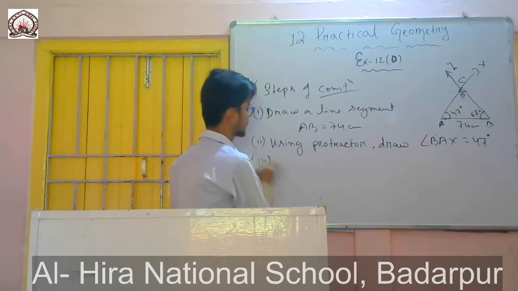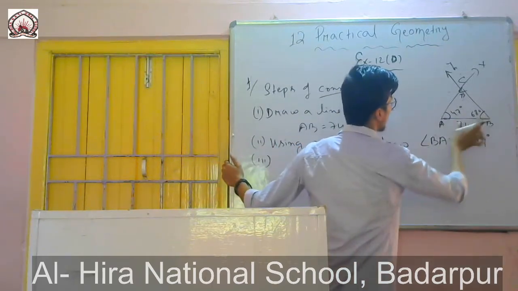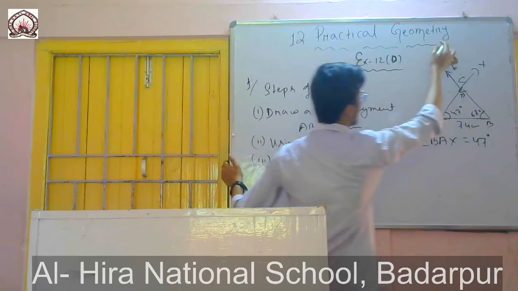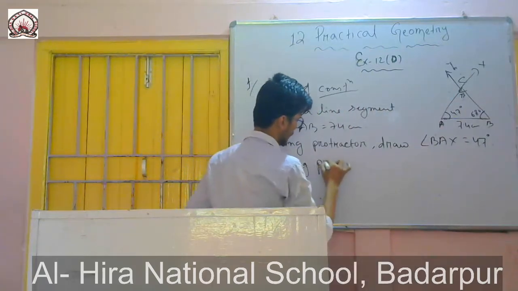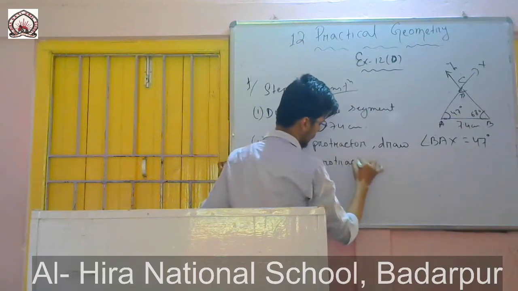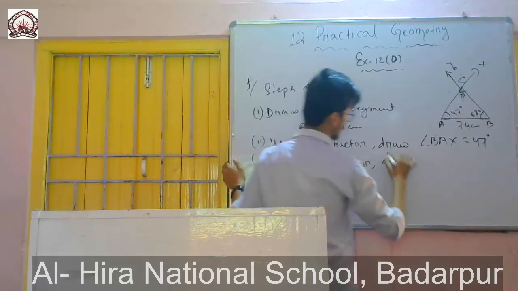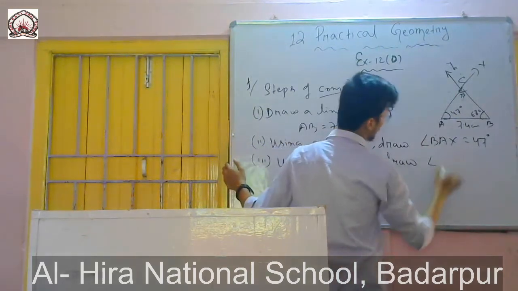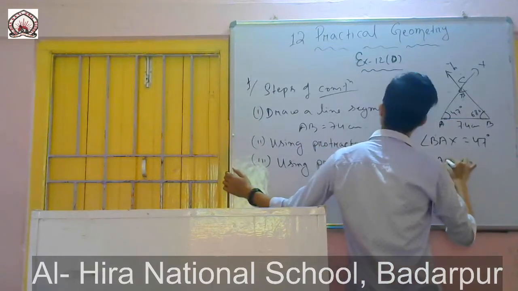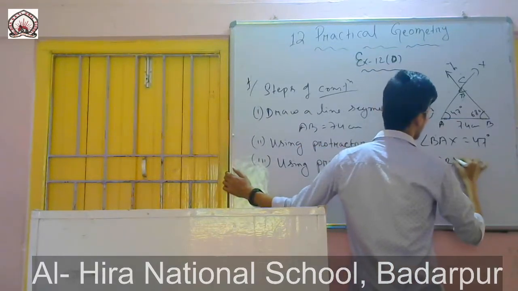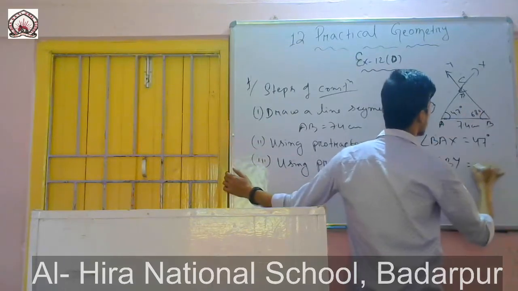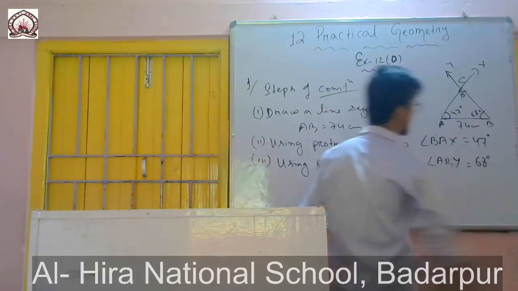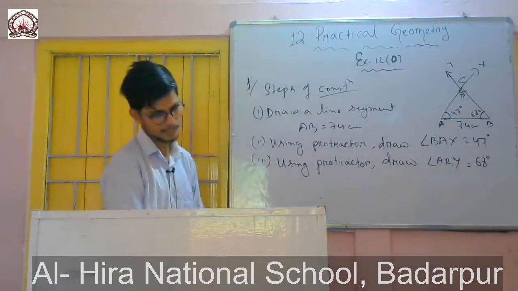After doing this, the third step was, again putting the protractor at point B, we draw another angle. Using protractor, draw angle ABY, and this was Y. So ABY equals 68 degree.